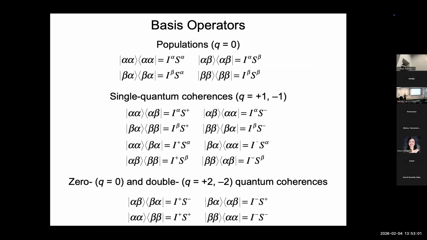So that I recognize as I plus S minus, and that would be called a zero quantum coherence or a flip-flop coherence. One spin flips, the other one flops. And then there's the corresponding one, where the I spin is minus and the S spin is plus.